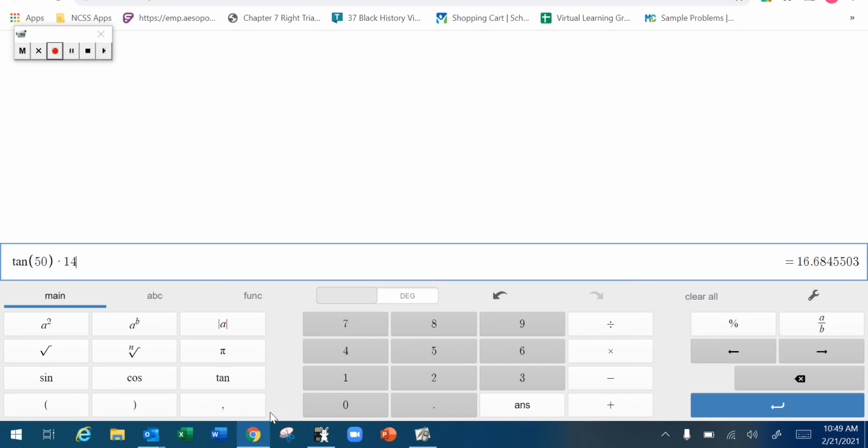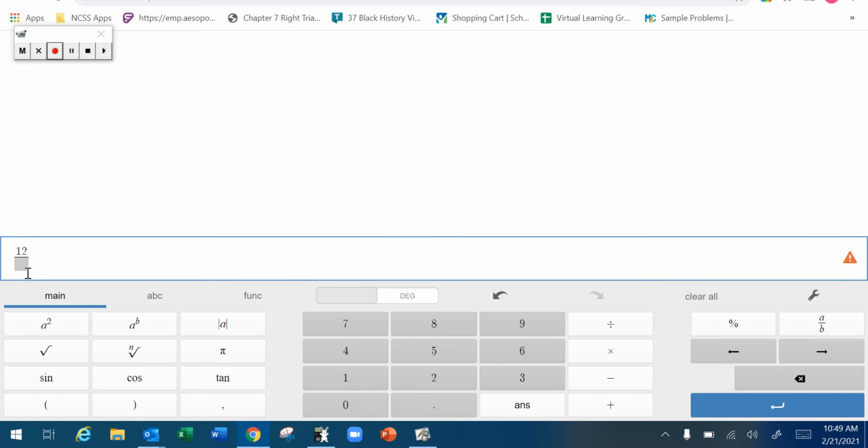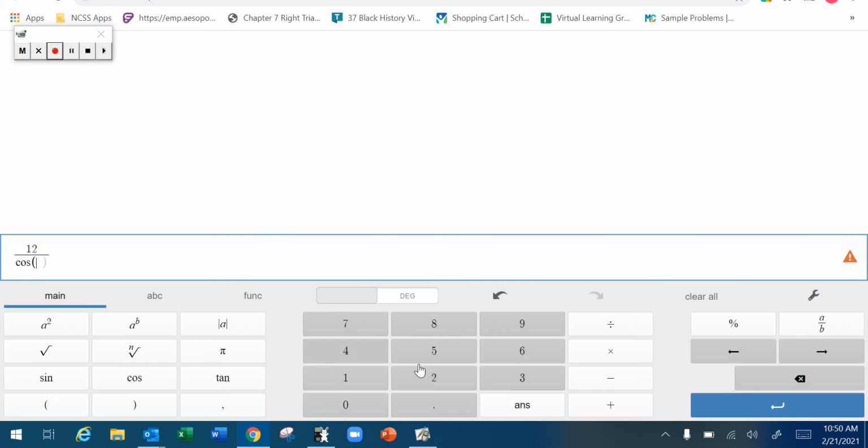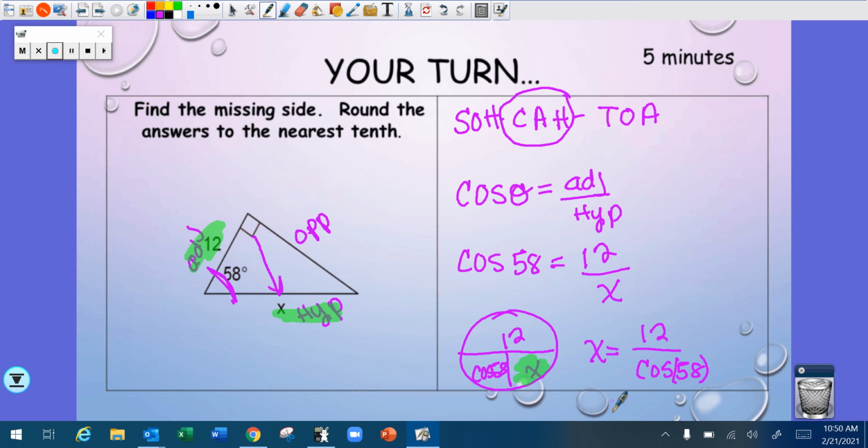So I'm going to go to the calculator. Push my fraction key, 12, and write cos of 58. Close that up. 22.6. So x equals 22.6, and you can put units. All right.